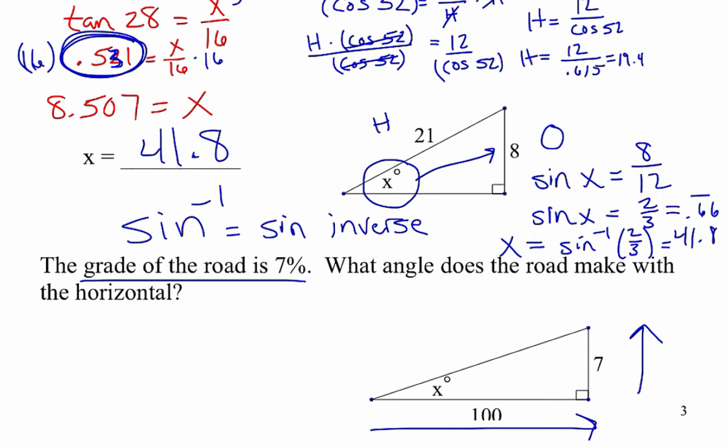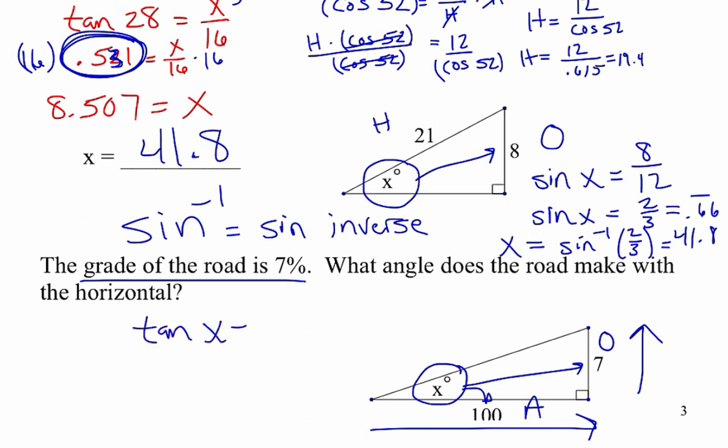So that makes a right triangle, and we're saying what angle does the road make with the horizontal? So we have a right triangle where I want to know this angle that's causing this hill in the road. Well, 7 would be the opposite side, and 100 would be the adjacent side. So the trig ratio that uses opposite and adjacent would be tangent.